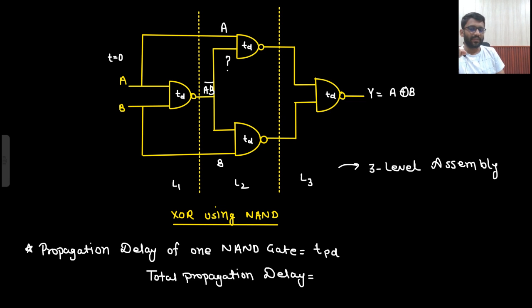If I introduce something at t equals to 0, then I am getting that output after 3 TD delay. So if the propagation delay of one NAND gate is TD, then the total propagation delay would be 3 TPD.